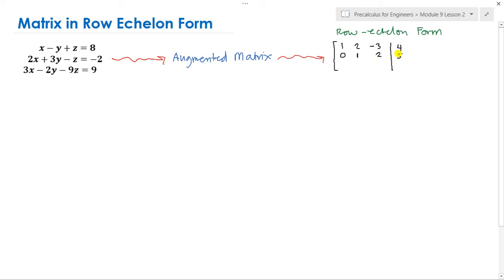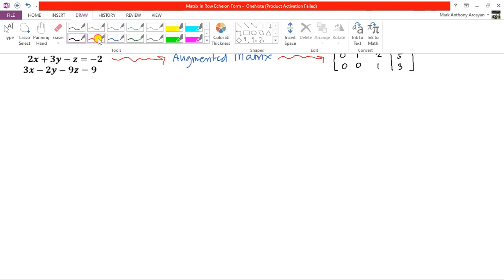So, let's say 2 and 5 lang. Assign lang ta. Next, dapat sa third equation, wala na kay x, wala na kay y, z na lang. And ang iyang coefficient should be equal to 1. And then, dire, pwede bisag unsa na lang. And, boom. Mao na siya ang row echelon form.